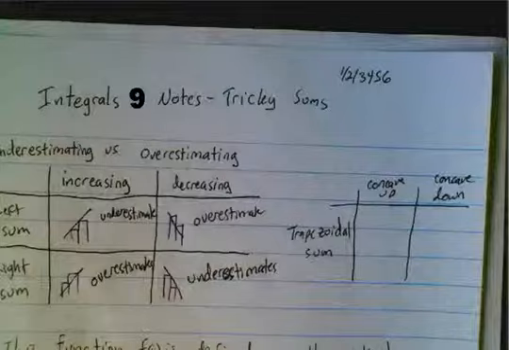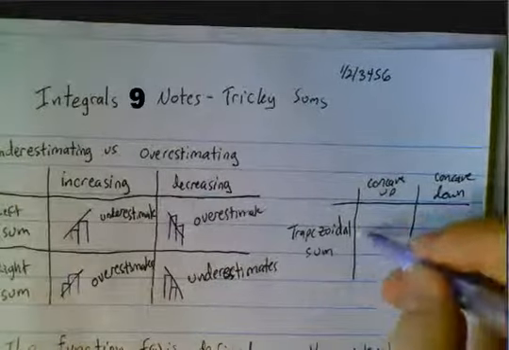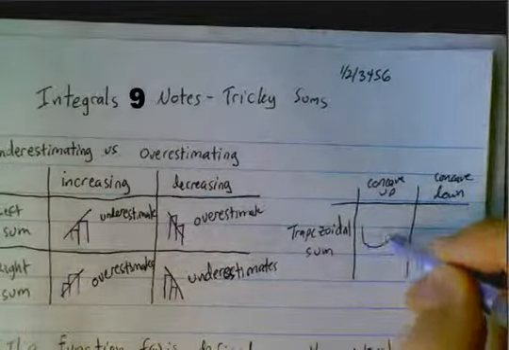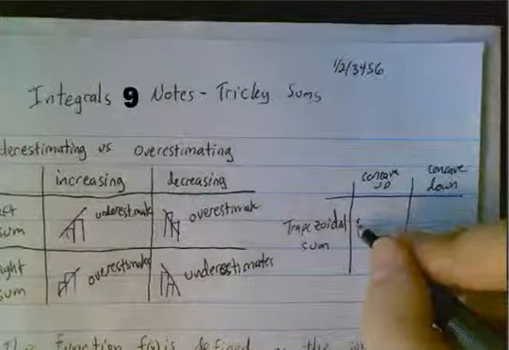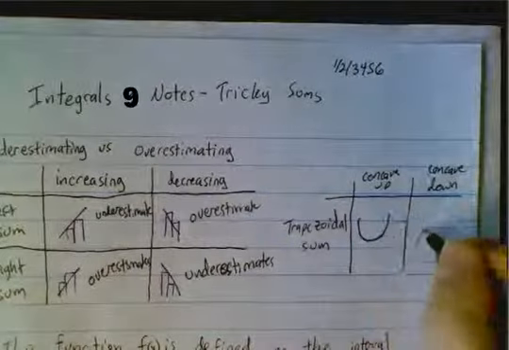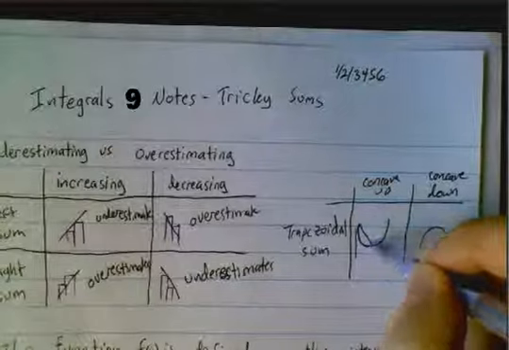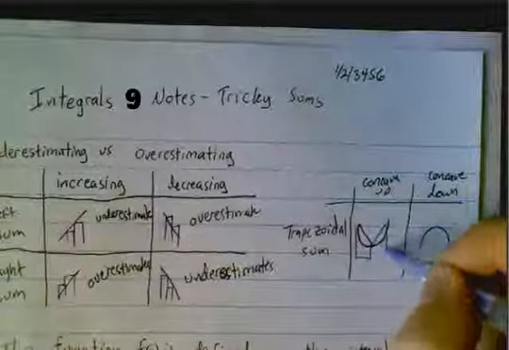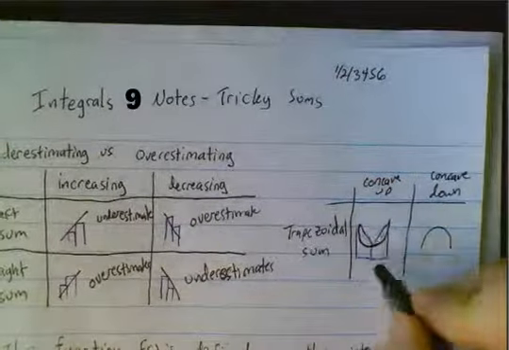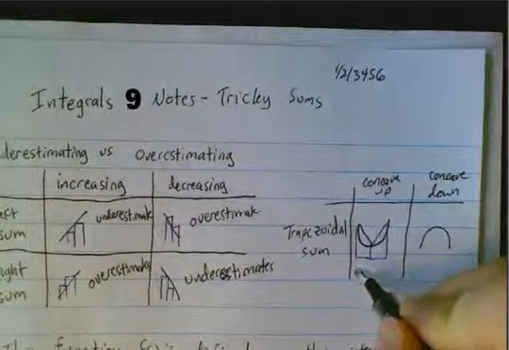For the trapezoidal sum, increasing, decreasing doesn't matter, but for concave up, oops, wrong color, concave up, trapezoidal sum overestimates.